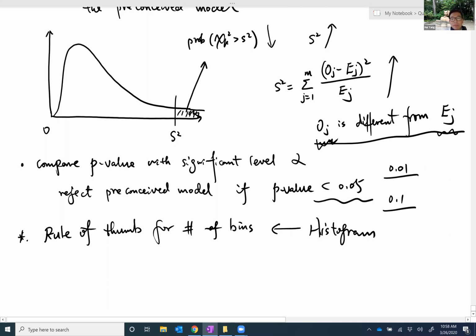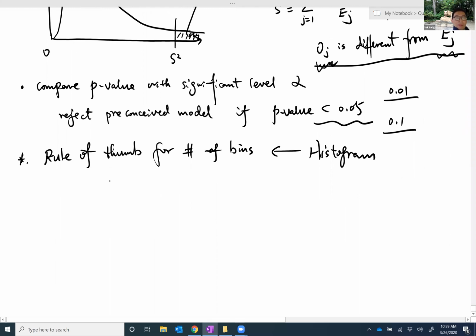Number of bins actually depends on the sample size n you have.